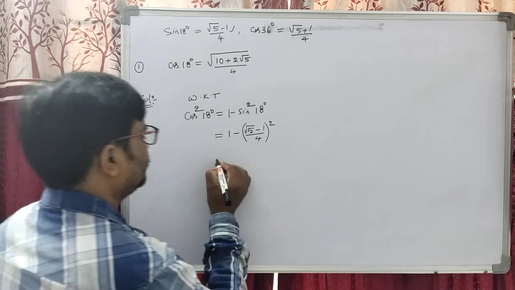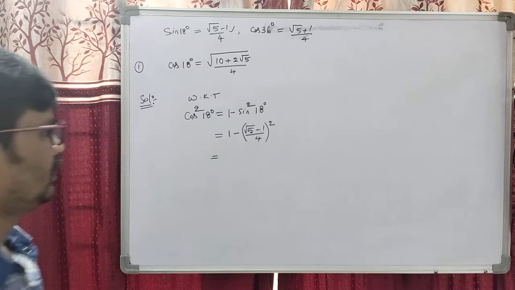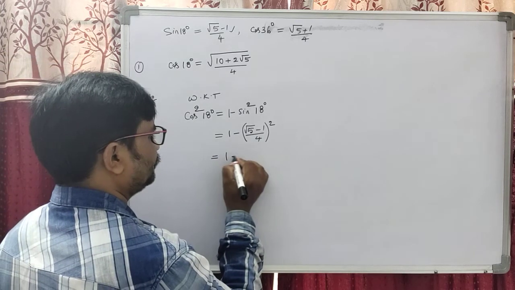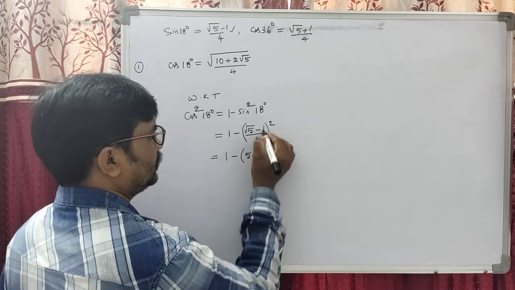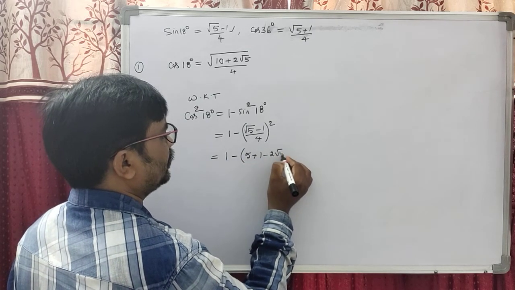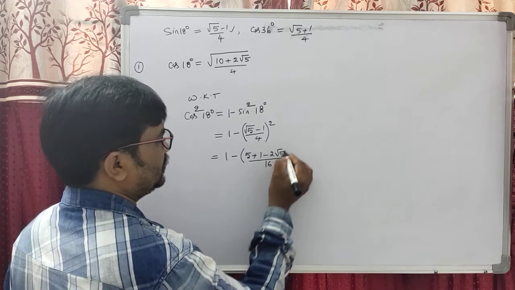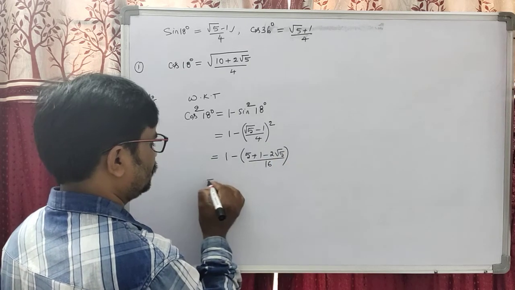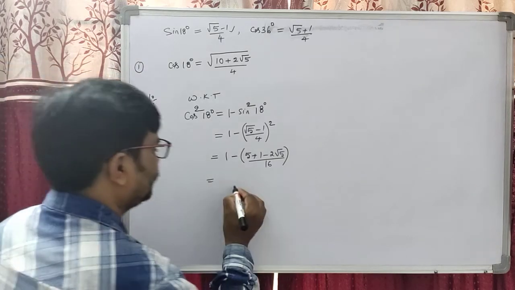So students, we can write this as (a minus b) whole square. This is 1. A square is 5, b square is 1, 2ab is 2 root 5. Now 4 square is 16. So now students, we are taking the LCM as 16.